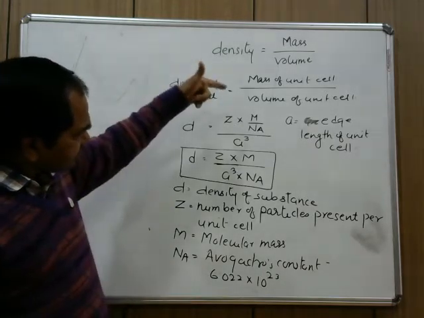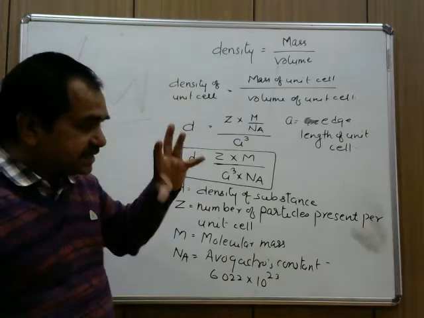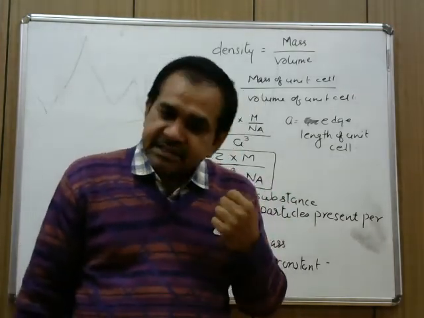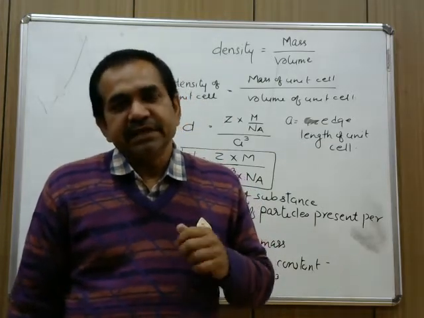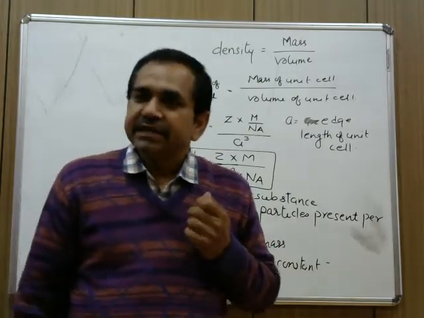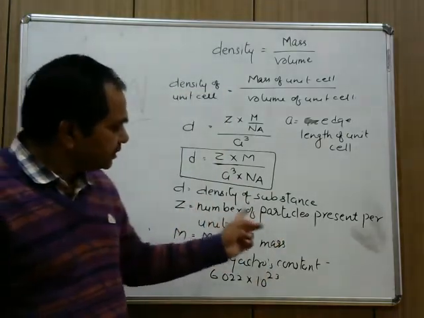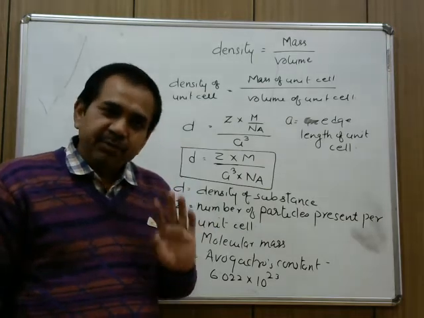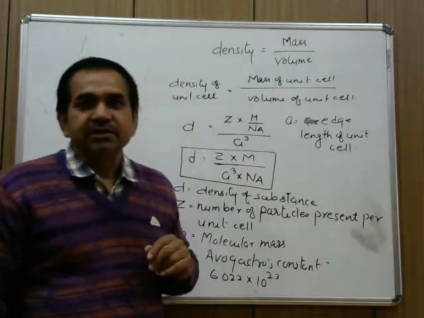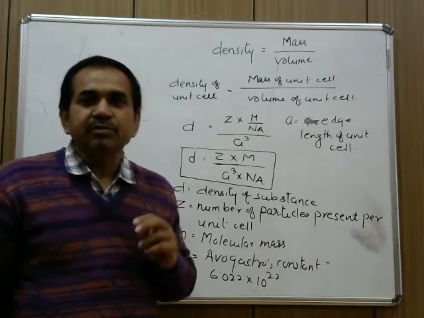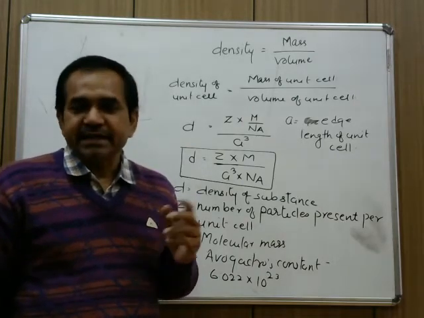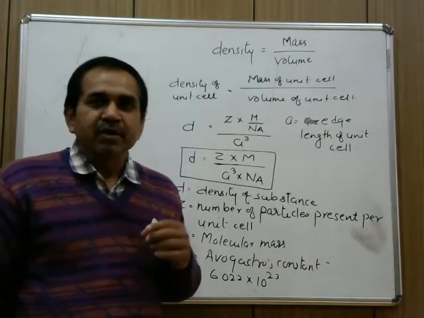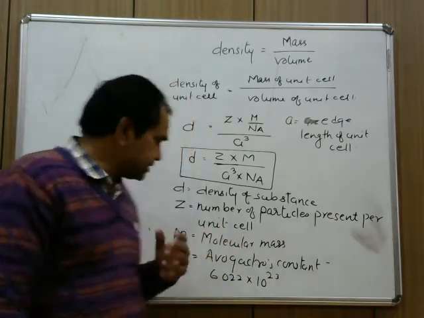Now, if the substance under consideration is, say for example, a crystal of silver, a crystal of nickel, a crystal of copper, then this M represents the atomic mass of that atom. But if we are considering a compound, sodium chloride, cesium bromide, potassium chloride, calcium carbonate, then this M represents the molecular formula mass.